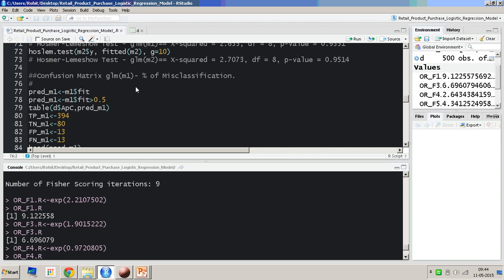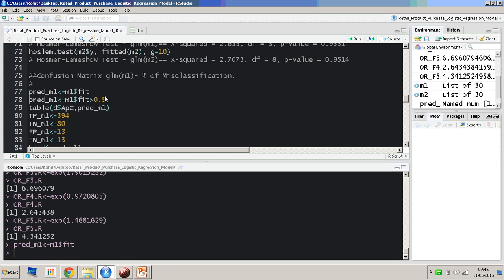It can also be created with other packages, but what we've done is we've just gone ahead and used the base package for this. And now here we are assigning values from the predicted fit, which is given by M1, our first generalized linear model, into a variable which is pred underscore M1, which is just the prediction of M1.